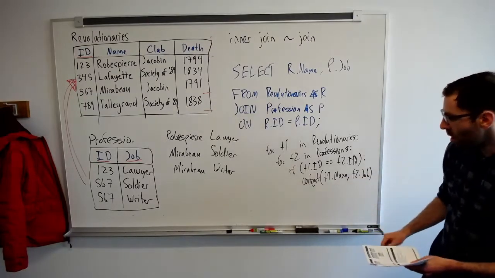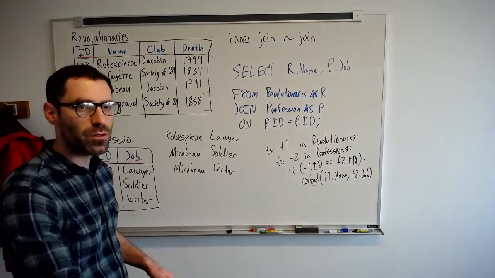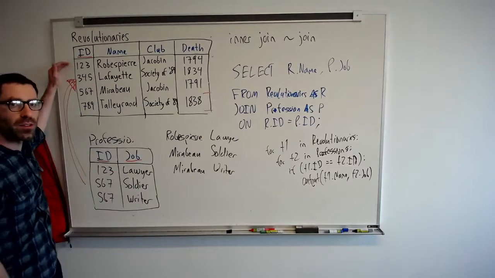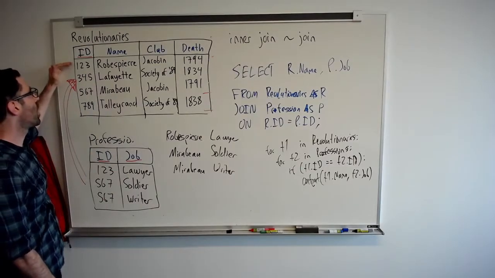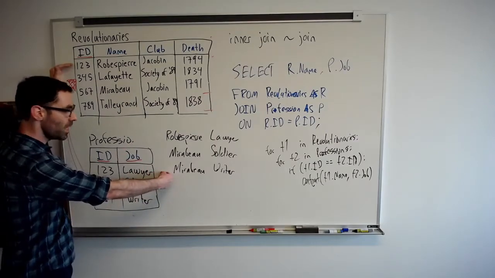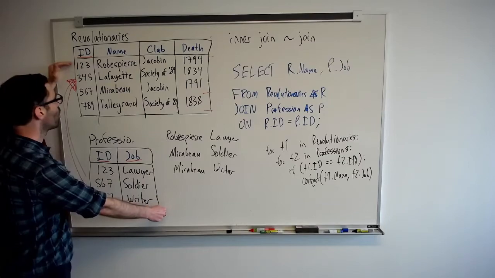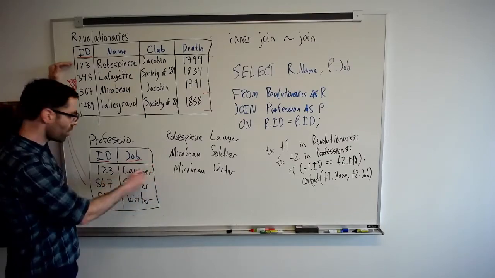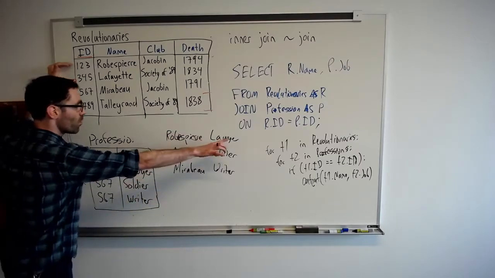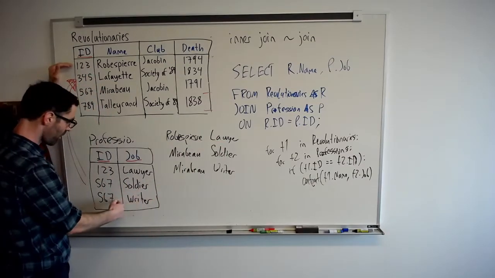And so if we think about how this would work for these tables, we start off on the first row, Robespierre here, and then in the inner loop, be going over this profession table. So while we're on Robespierre, we're like, first tuple, does it match? Yes, all right, output Robespierre and lawyer. Second, 567 doesn't match. Next, 567 doesn't match.